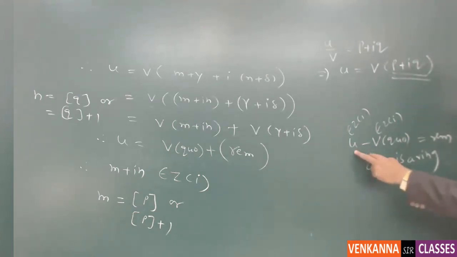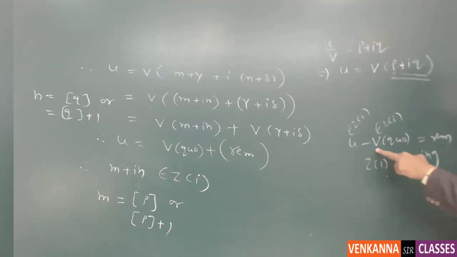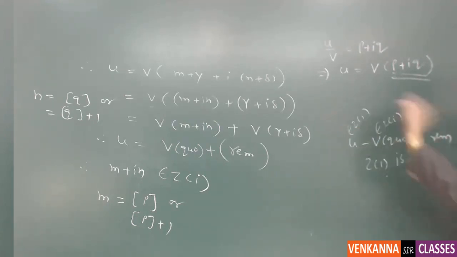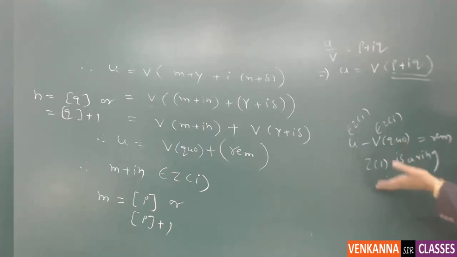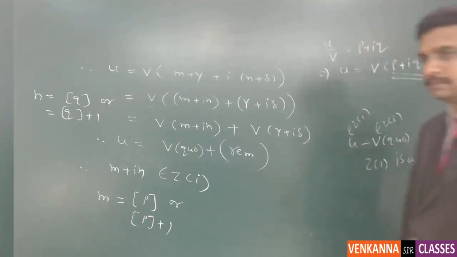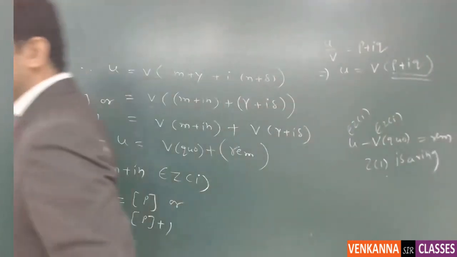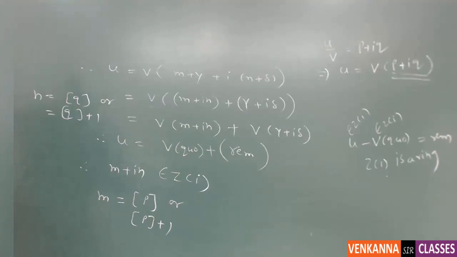Whenever you perform addition, subtraction and multiplication over the elements in the ring, the results also belong to the ring. Therefore, this remainder part by default belongs to Z of i. There is no doubt about whether the remainder will belong to Z of i or not. It applies by default. Clear?